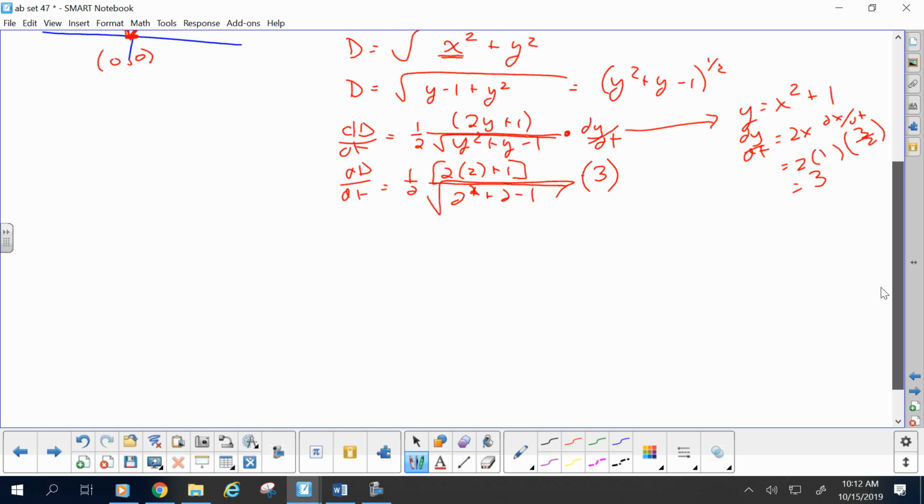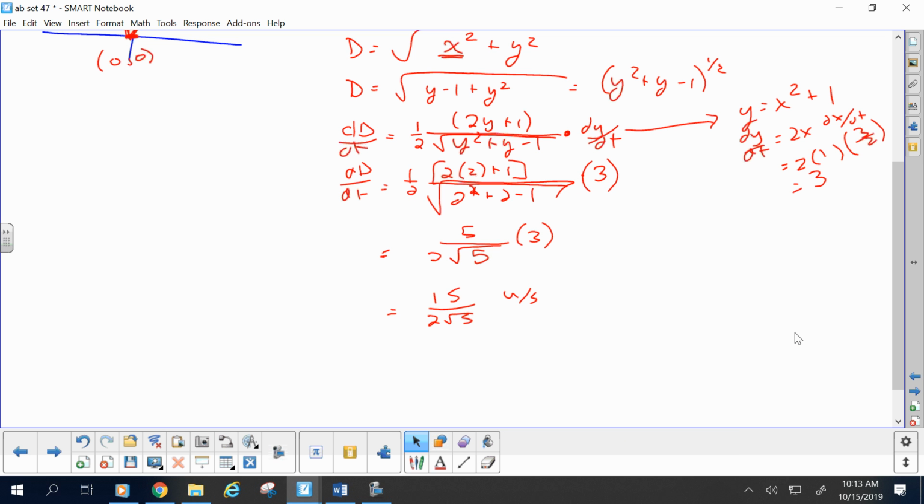So we get something like 5 over 2 root 5 times 3. So 15 over 2 root 5. What are the units on that? Units per second. It's distance over time, so it's units per second.